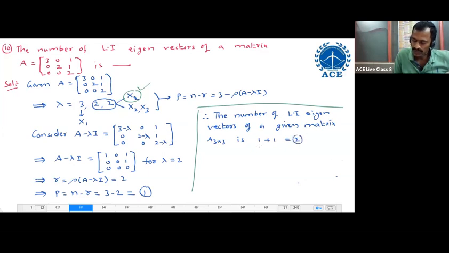It is the answer. This one is corresponding to lambda equal to 3. This another one is corresponding to lambda equal to 2 only. Totally, how many eigenvectors? 2 eigenvectors. The matrix will have 2 independent eigenvectors, but corresponding to the repeated eigenvalue only one independent. Totally 2 independent.